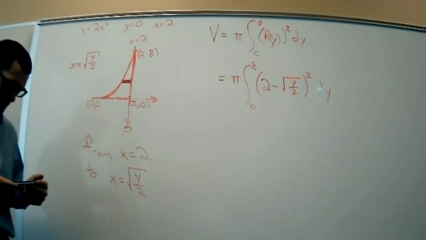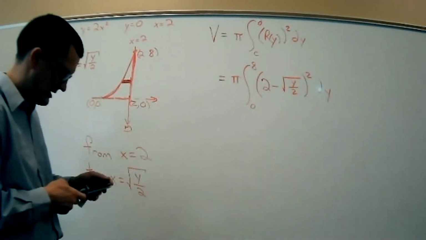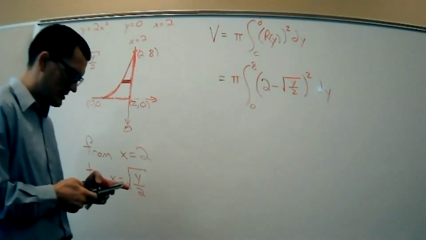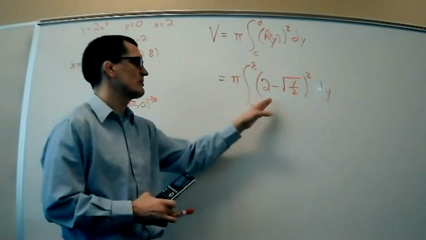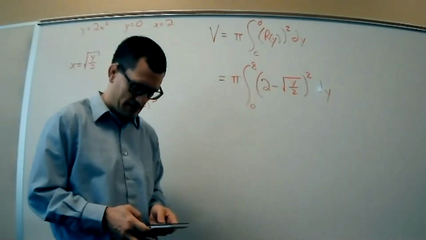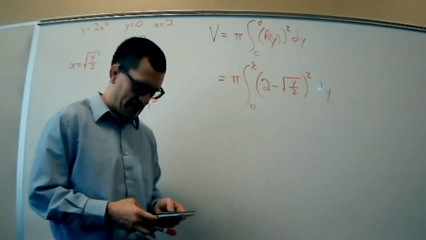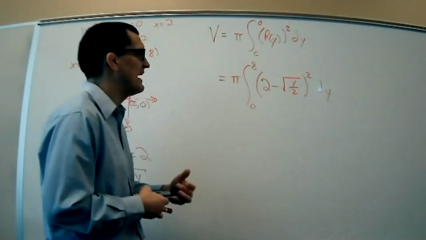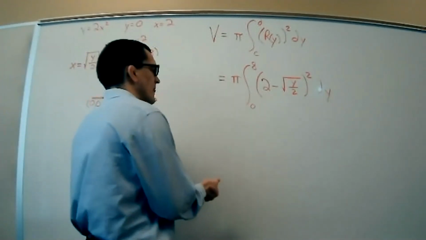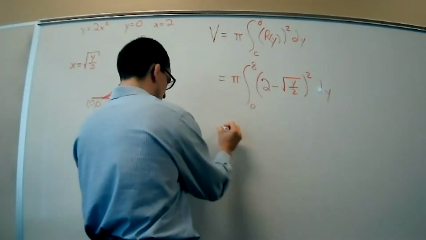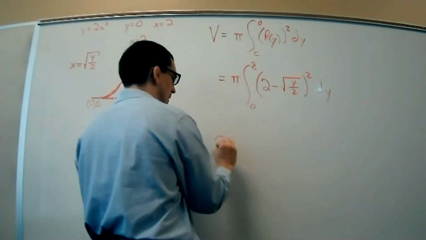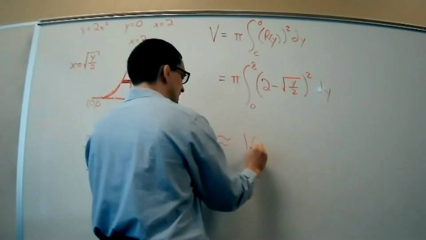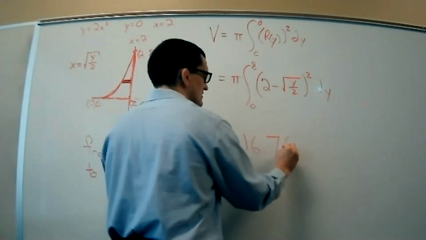Hopefully, I've typed it into my calculator in a good sense. It took a second to actually calculate this because, you know, when you have square roots around 0, it takes your calculator an extra moment to do that. Basically, this one came out on my calculator as about 16.76.